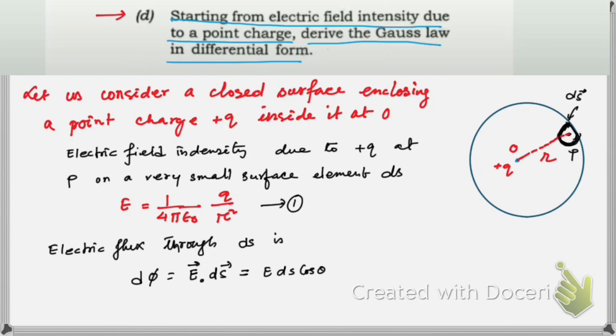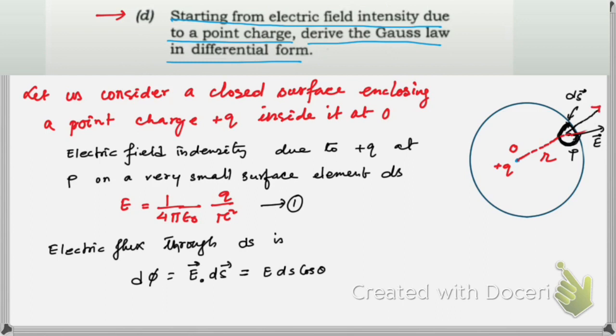Where theta is the angle between the electric field vector and the normal vector, that is normal to the surface area element.